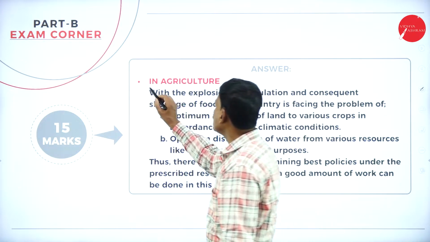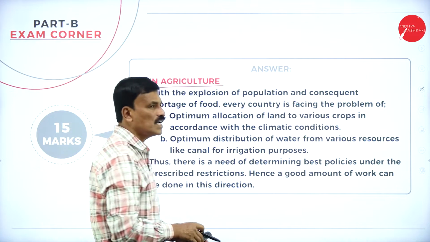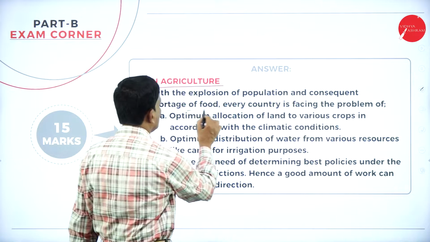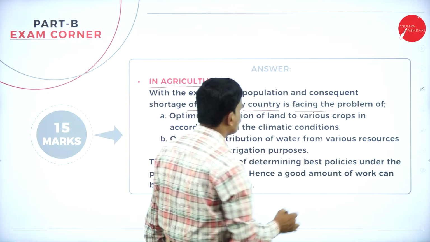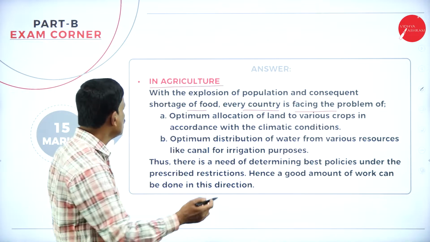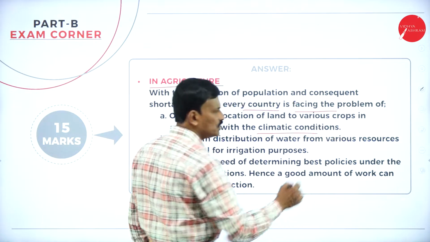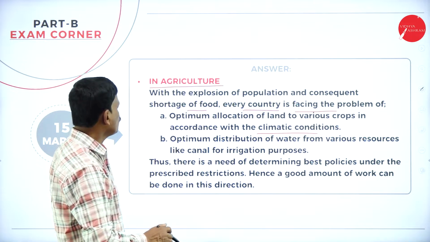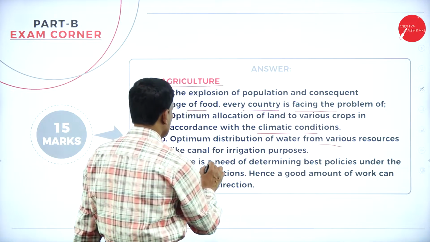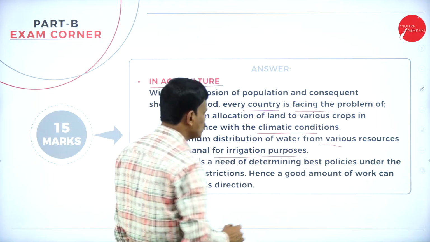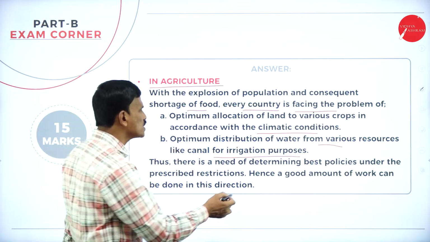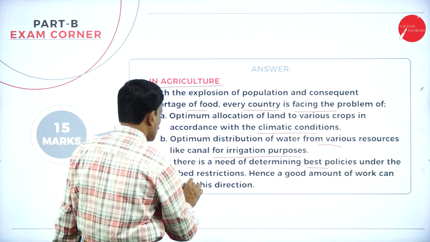In agriculture, with the explosion of the population and consequent shortage of food, every country is facing the problem of optimum allocation of land to the various crops in accordance with the climatic conditions. So there is also a need for optimum distribution of water from various resources like canals for irrigation purposes, and for determination of the best policies under the prescribed restrictions.